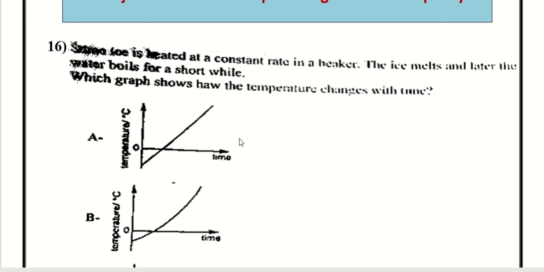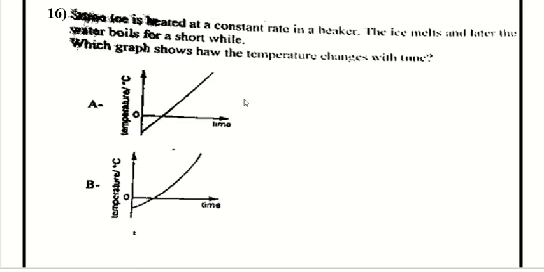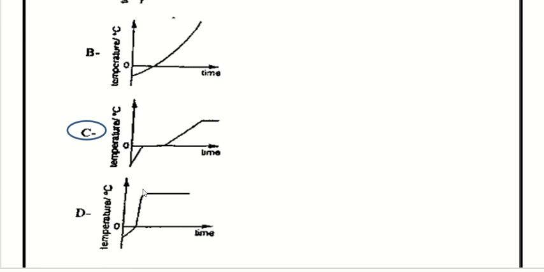For it to be melting, the temperature rises and then remains constant at 0 degrees Celsius, and then the temperature rises again, then it boils and remains constant at 100 degrees Celsius. So this graph will represent this situation.